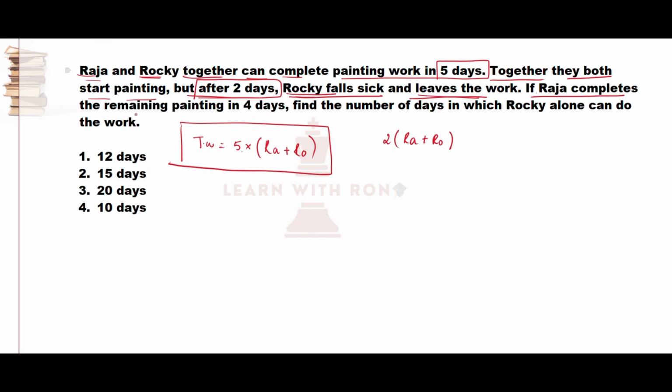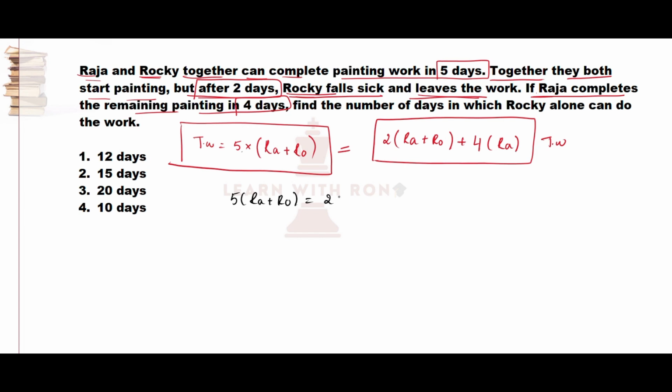If Raja completes the remaining painting in 4 days, then the remaining work is done by Raja in 4 days with Raja's efficiency. This is also the total work. So if we equate these two, we get 5 times (Raja plus Rocky) = 2 times (Raja plus Rocky) plus 4 times Raja. 5 times minus 2 times means 3 times (Raja efficiency plus Rocky efficiency) = 4 times Raja efficiency.